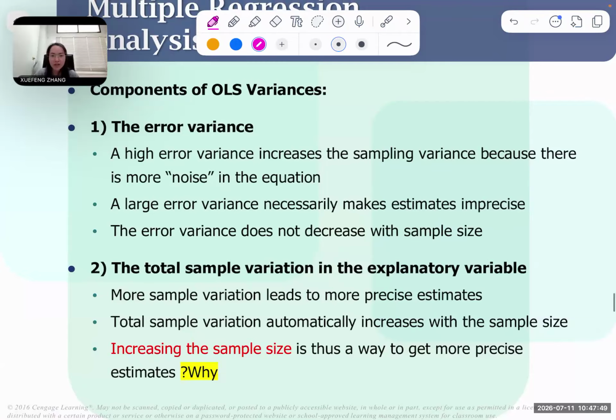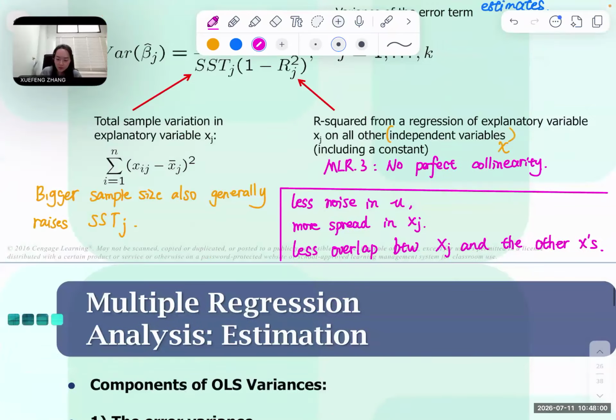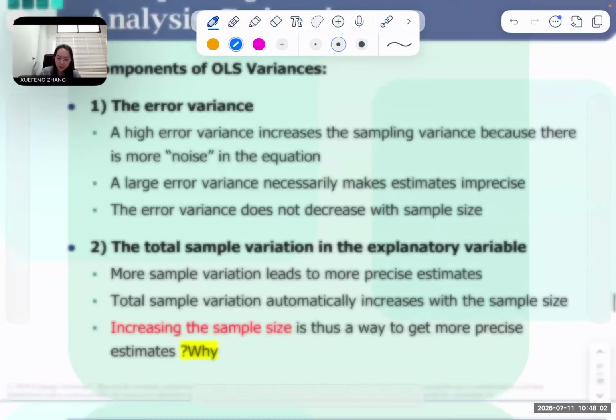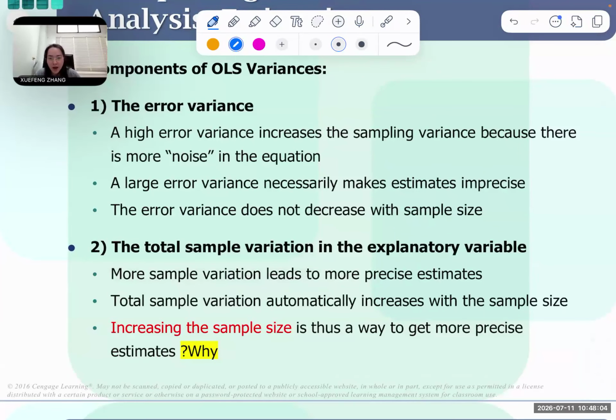Okay, so this slide breaks down the 3 components that I just mentioned from the variance formula. The first one: the error variance, sigma squared. More noise in u means higher sampling variance and less precise estimates.